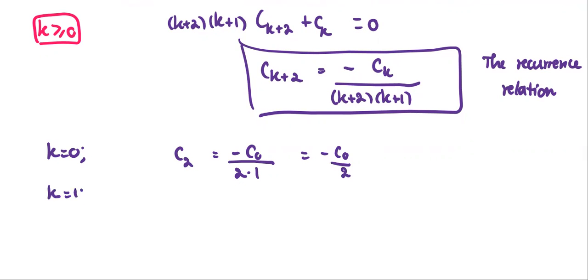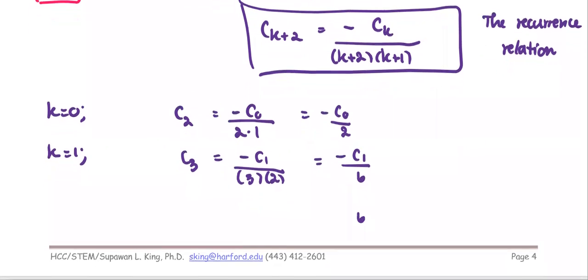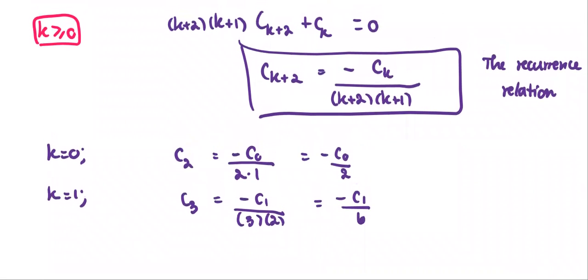For k equals 1, we obtain c3, which is negative c1 over 1 plus 2, which is 3, multiplied by 2, or negative c1 over 6. For k equals 2, we obtain c4 as negative c2 divided by 4 times 3, sorry.